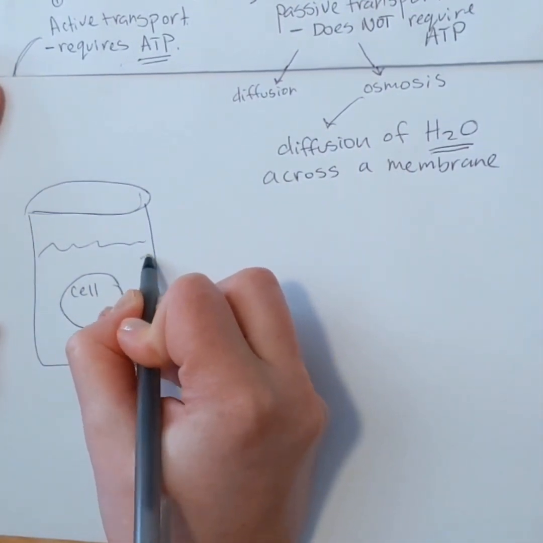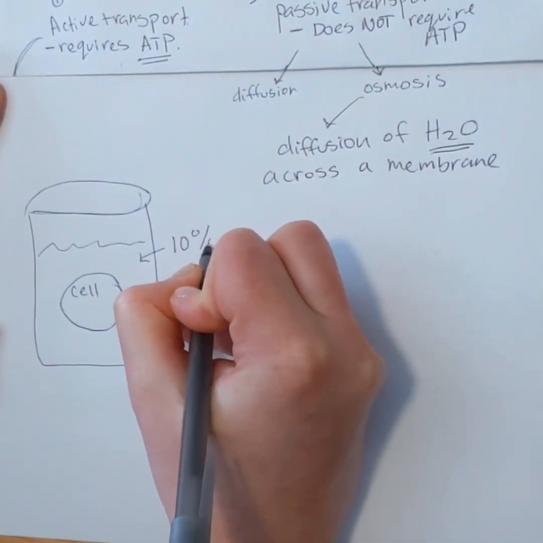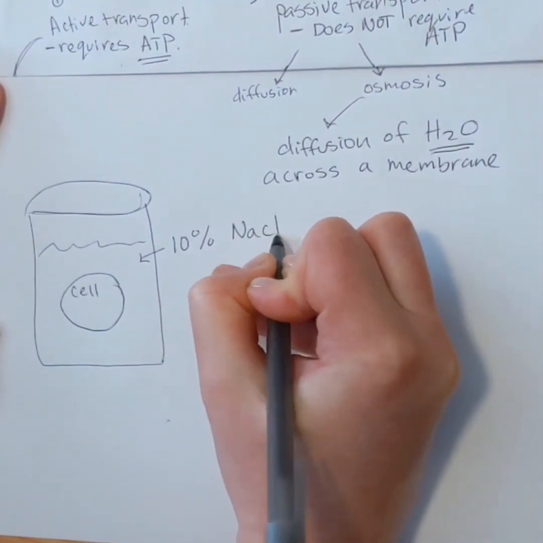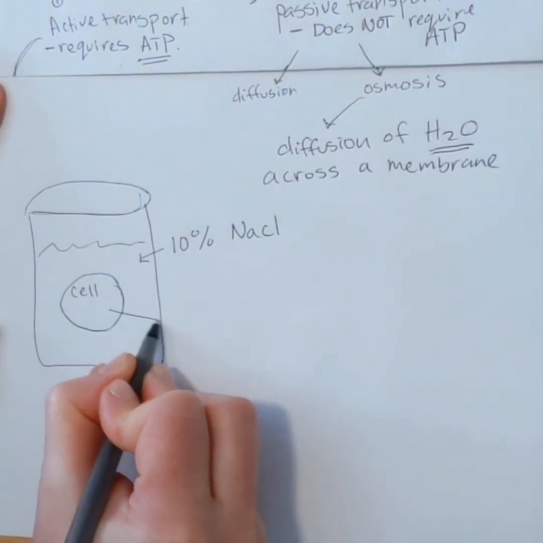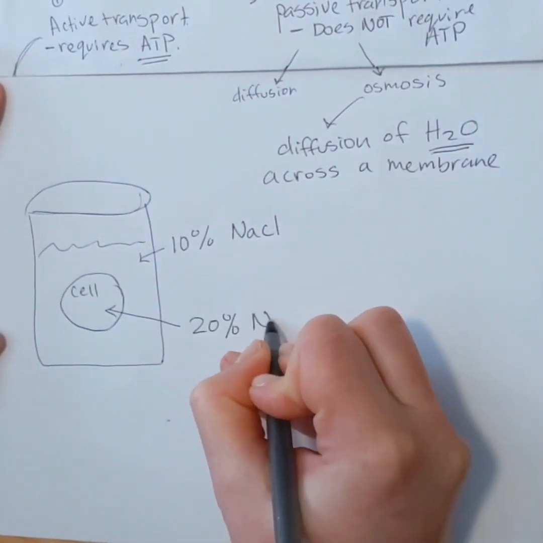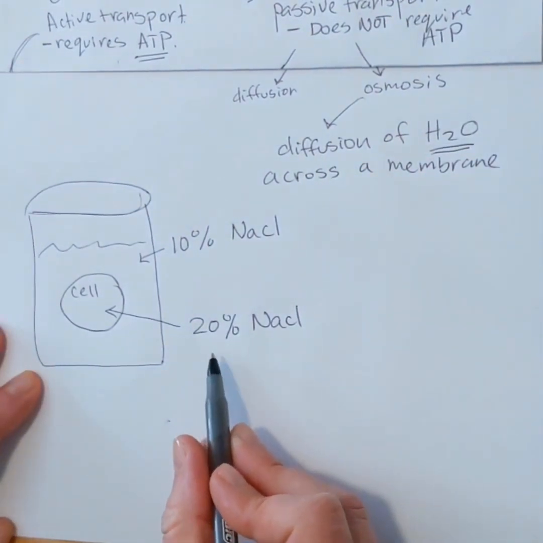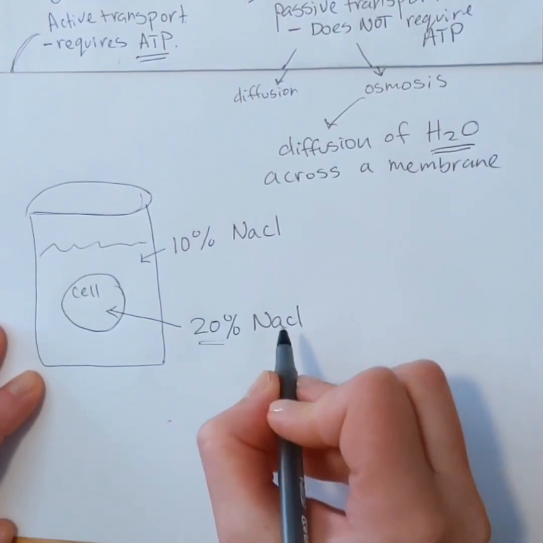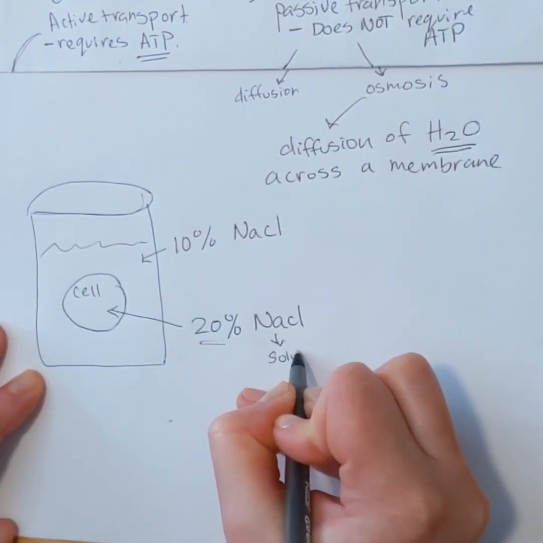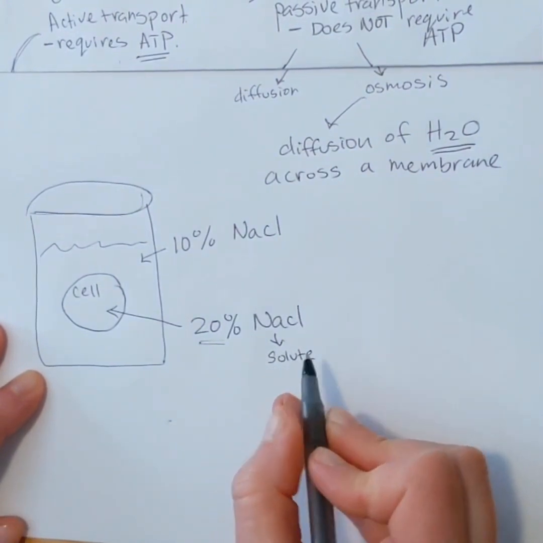If I know that the solution outside has 10% sodium chloride, and I know that the solution inside the cell has 20% sodium chloride, I now have all the information I need to think about osmosis and figure out what's going to happen with the movement of water. So wherever you have a greater concentration of solute, remember solute is the thing that's dissolved.